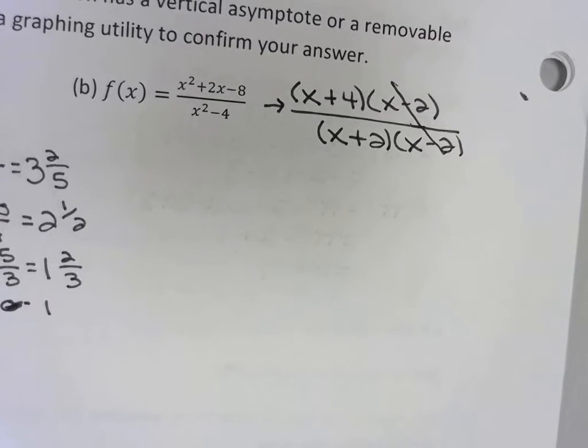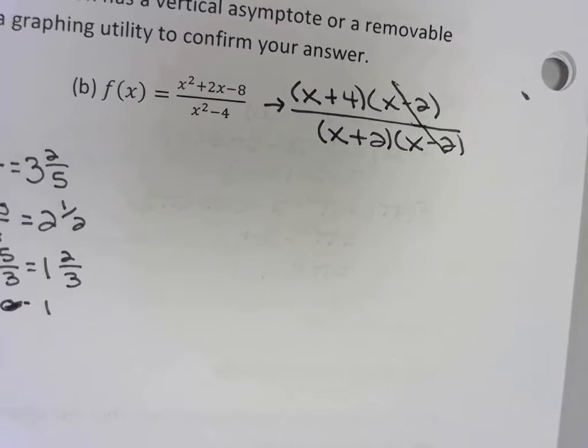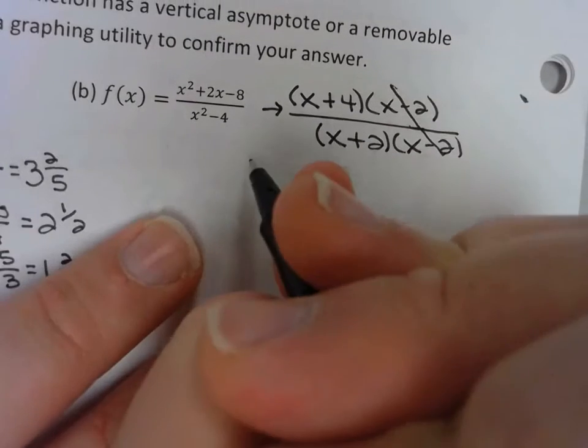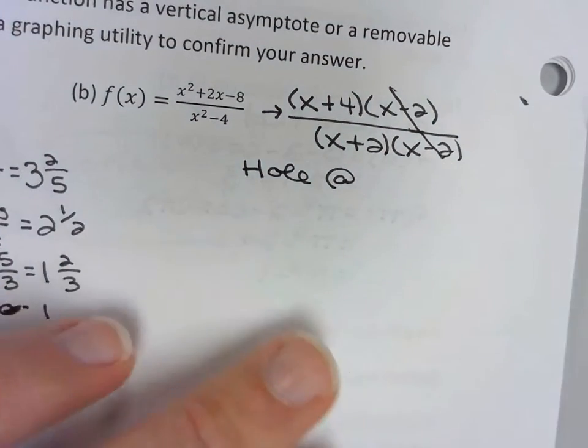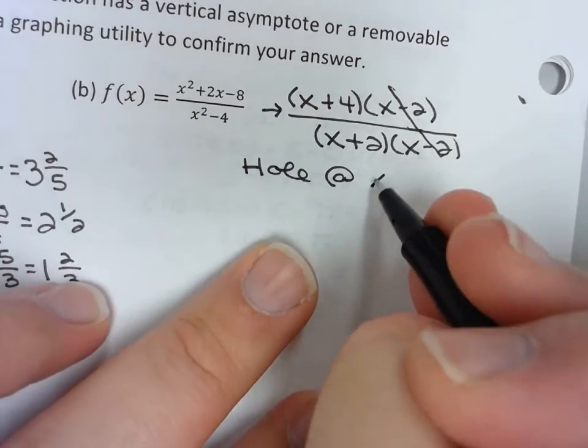If the x minus 2's cancel, now you probably didn't do this a ton in pre-calc, but anytime you factor and something cancels, that means I'm going to have a hole there. So you will have a hole at x equals 2.